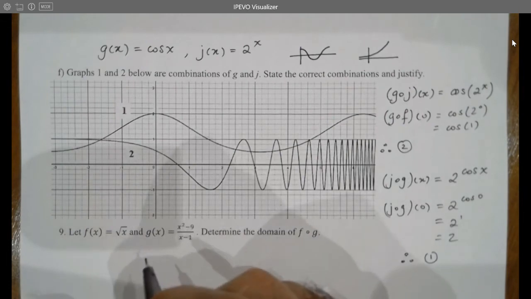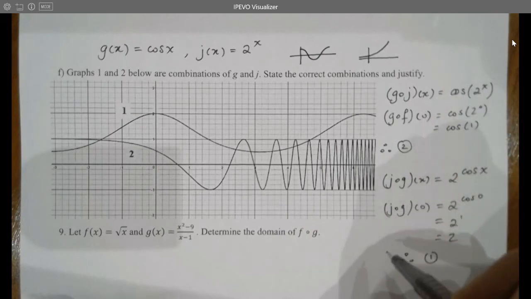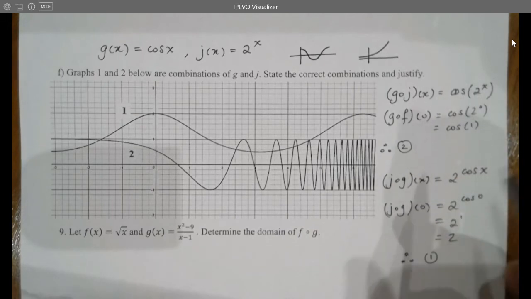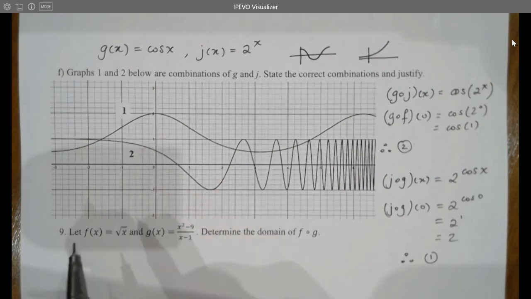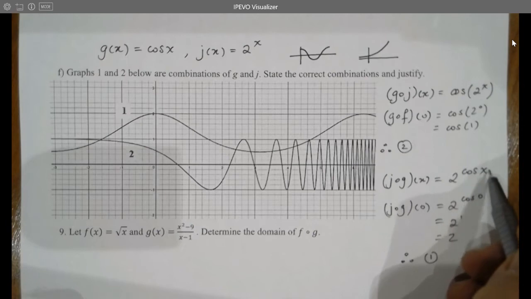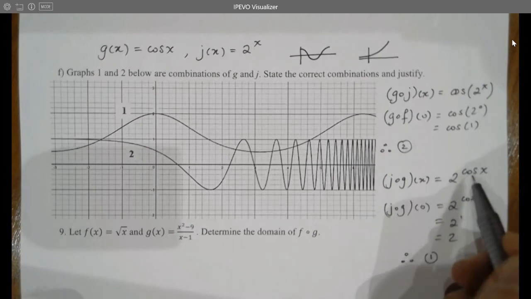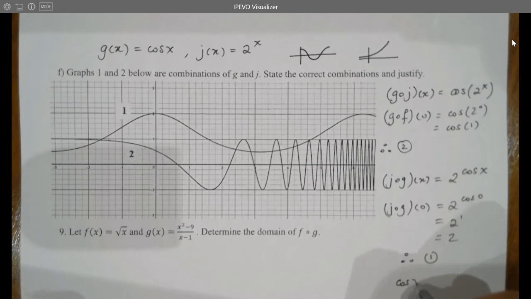Now, I hope that you recognize these combinations as something similar to what we did in class. All right, so let's start with function 1 here, and let's see what happens. Well, what's happening is that the outputs of cosine become the inputs to 2 to the x. And I know that cosine of x is going to be less than or equal to 1, greater than or equal to -1.